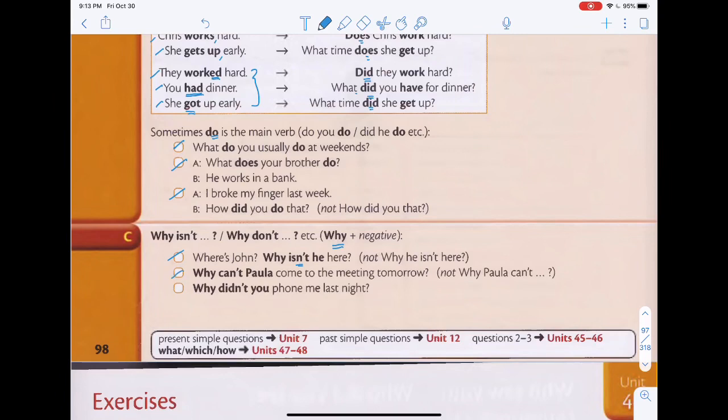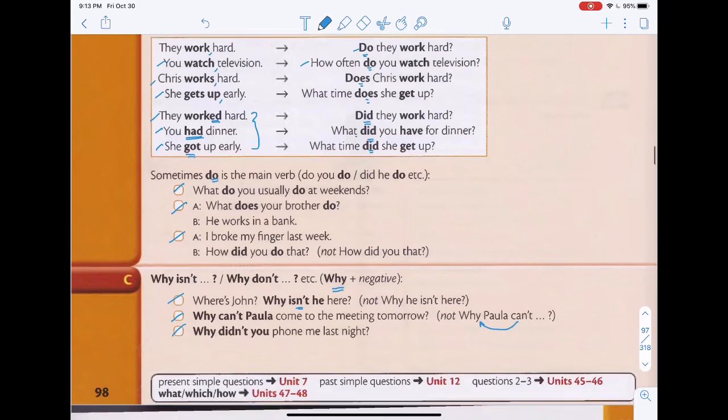Why can't Paula come to the meeting tomorrow? Okay, it's not why Paula can't. It has to be why can't Paula. So the verb first and then the subject. Why didn't you phone me last night? Not why you didn't. So why you didn't would be broken English, and in proper English it'll be verb and then the subject. All right, remember that.